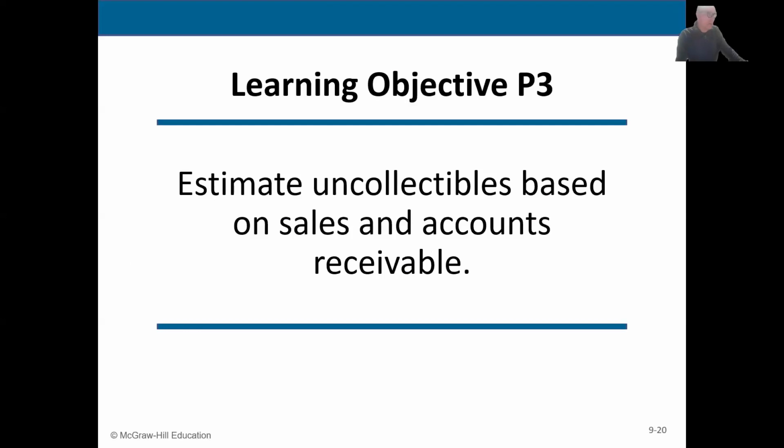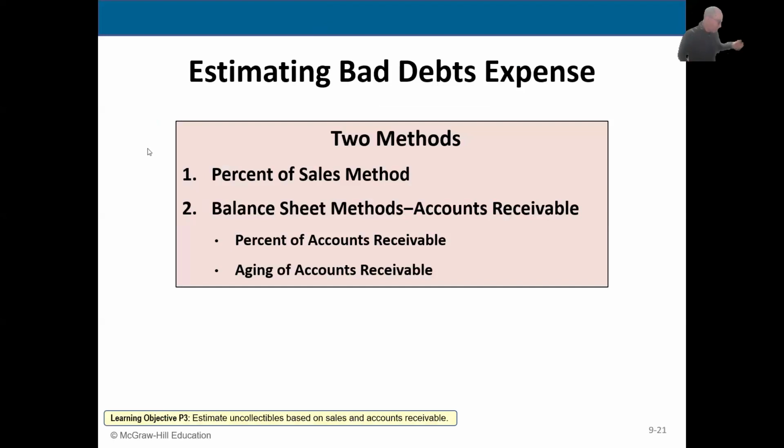Okay, the great thing with allowance for doubtful accounts is I'm estimating, right? I'm estimating either based off a percentage of sales, or I can estimate based off of my balance sheet or my aging report. I'm going to show you what these look like. So, estimating your bad debt expense using the allowance for doubtful accounts method. First is the percentage of sales. It's a very simple calculation. And this percentage is usually based off of historical data, right?